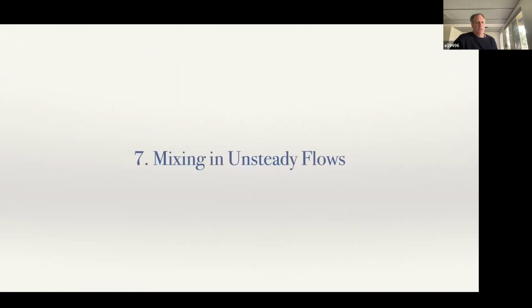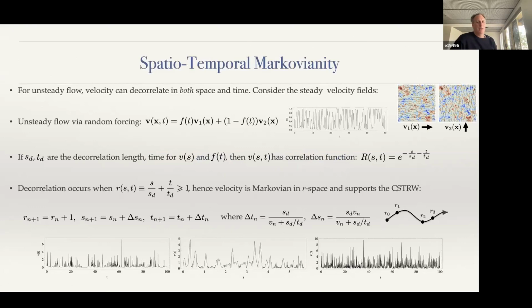Now let's change gears and have a look at some unsteady flows, and we need to update our stochastic framework for unsteady flows, because now we have the opportunity for our flows to decorrelate in space and time. So for unsteady flows, as we just said, the velocity can decorrelate in space and time.